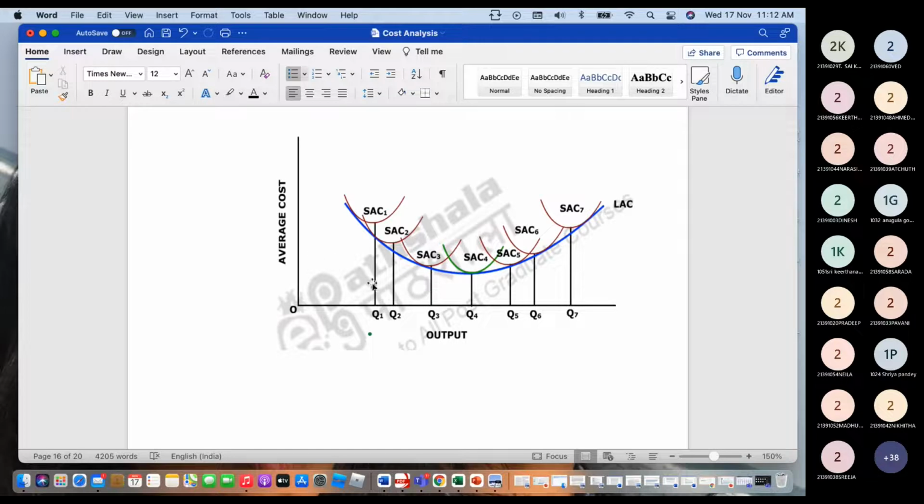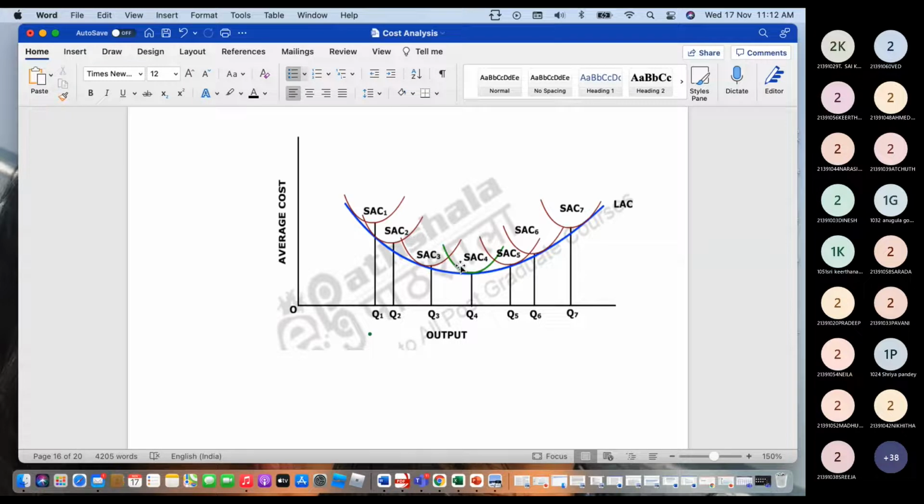So initially, when the level of output is increased by the producer by putting more of all the factors of production, what happens? The returns are going to be more. And the returns are going to be more because of the economies of scale, which is the advantages of large scale production.